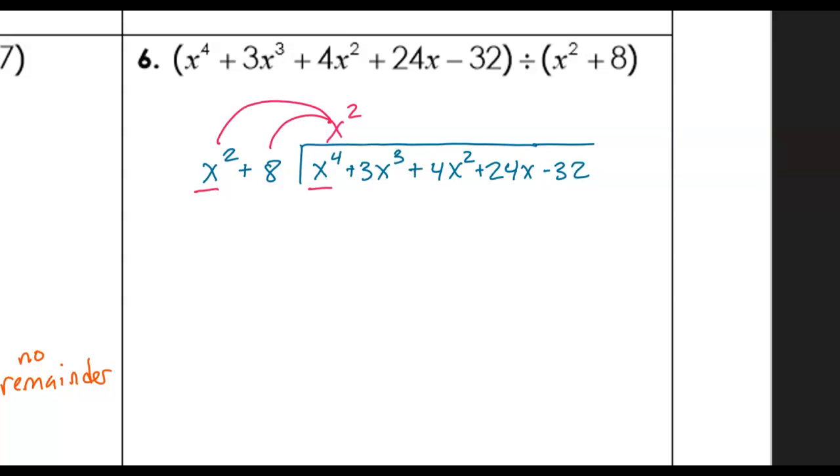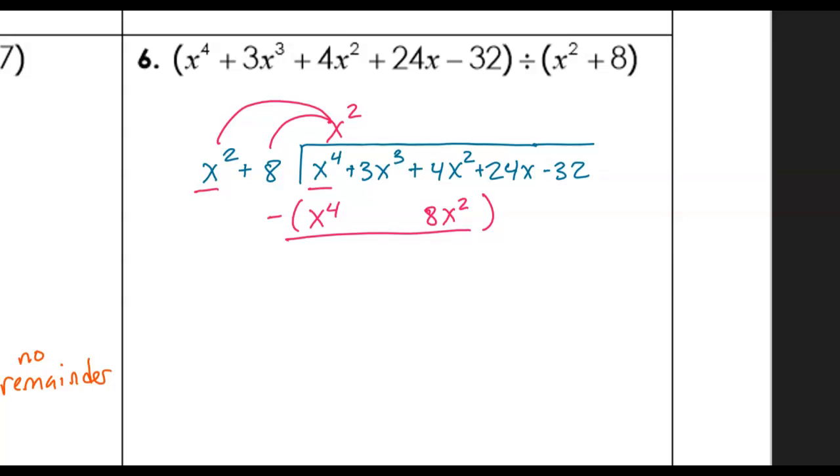Multiply it back into both terms. We get x to the 4th. Now I am going to make sure that I'm lining up like terms here. Very important. x squared times 8 is 8x squared, so it's lined up with the x squared terms. And I'm subtracting everything.